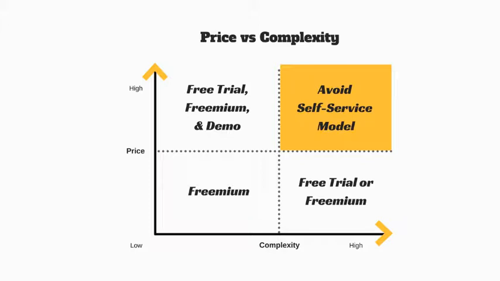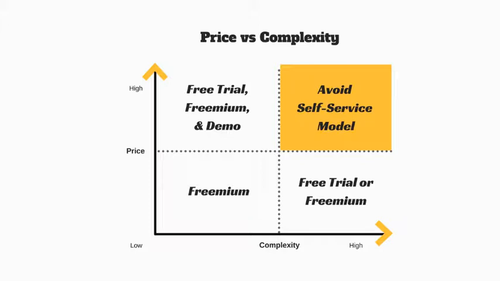Something that would fit in that box would be maybe something like HubSpot. HubSpot would be a good example of a company that's using the freemium model as well as free trials within the freemium model as well as demos. And so they're actually utilizing all of these in one strategy. And so that's something I definitely want you to think about.